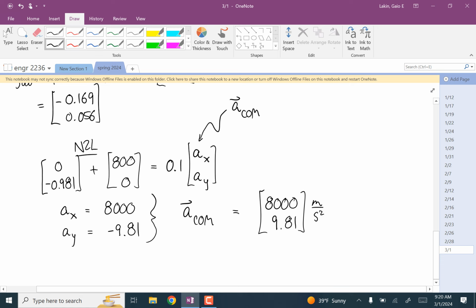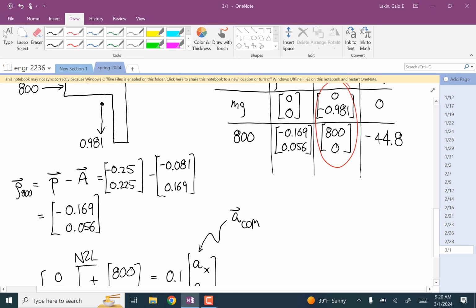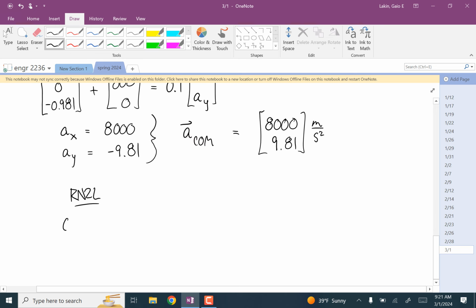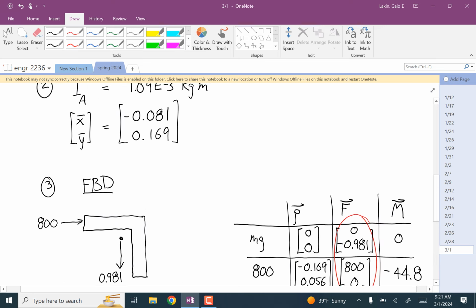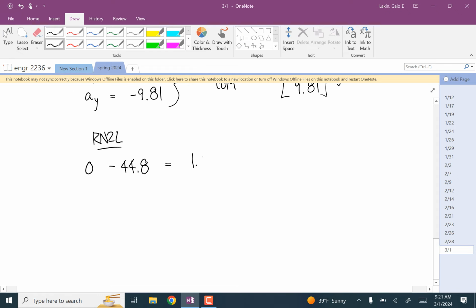And no matter whether your about point is a fixed point or the center of mass, you use the moment equation. And that says 0 minus 44.8 is equal to 1.09 times 10 to the minus third times alpha.